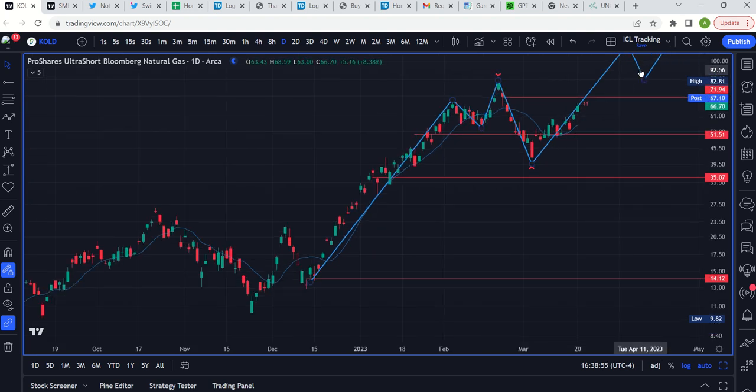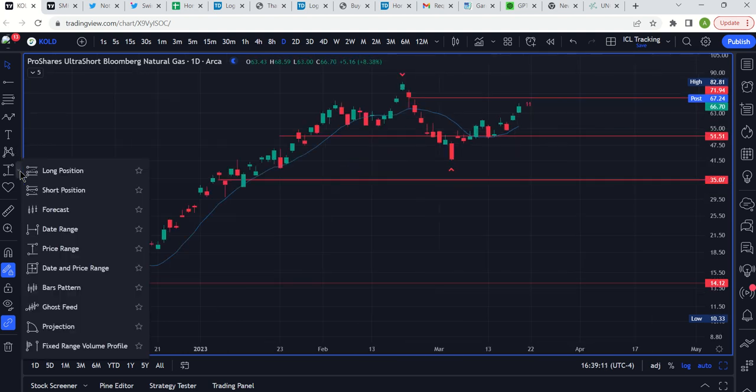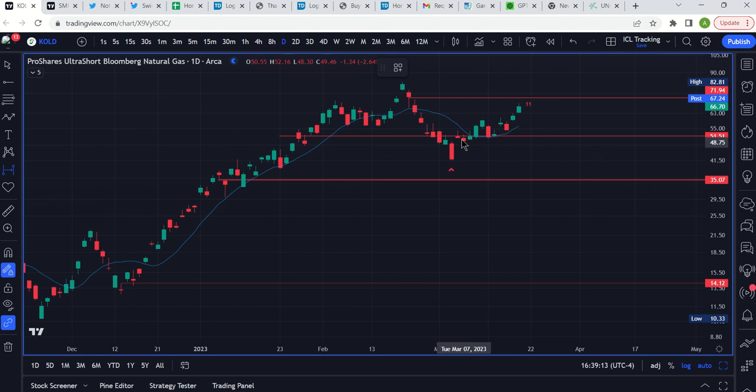Again, the way to think about it is if natural gas topped out on day 7 and it's declining, this thing is only on day 11. So it can easily run for another, basically until natural gas prints its daily cycle low.